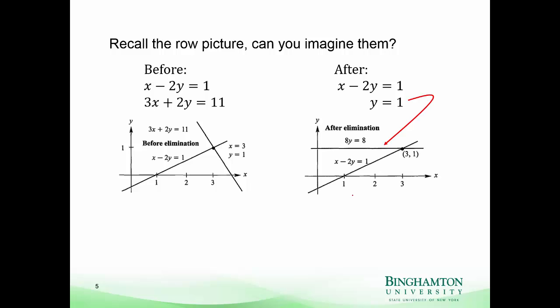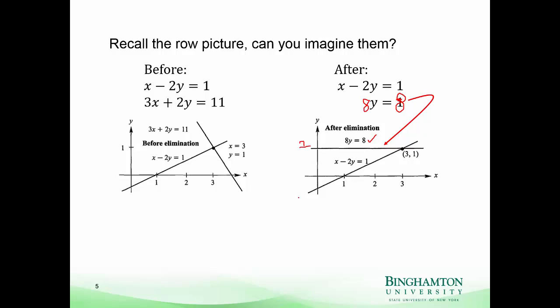And if we look at this, this bottom one, well, it's saying y is equal to 1. Remember, what we really came up with was 8y is equal to 8. So that's why they have this version of that equation there, which is equivalent to y is equal to 1. So that goes through the y-axis at the point y is equal to 1.